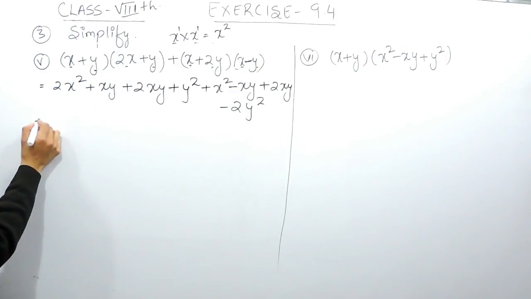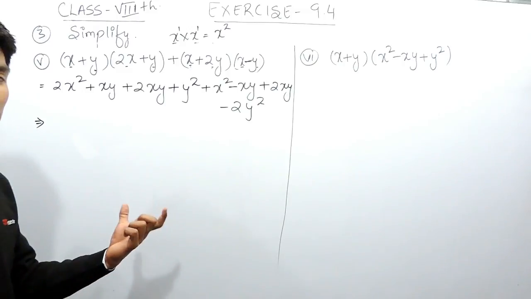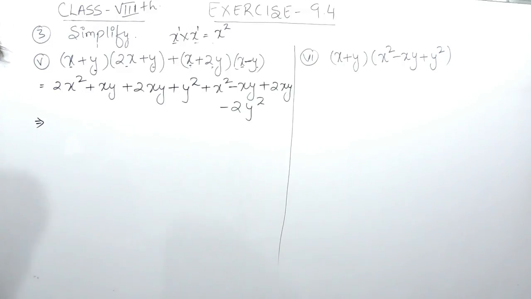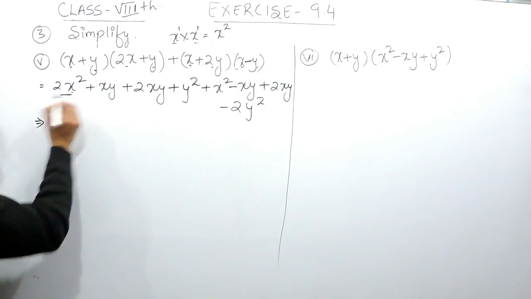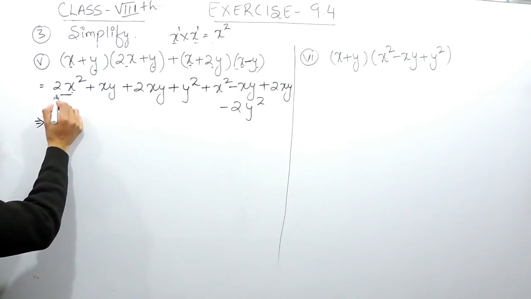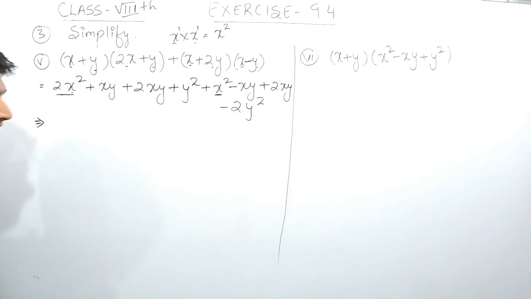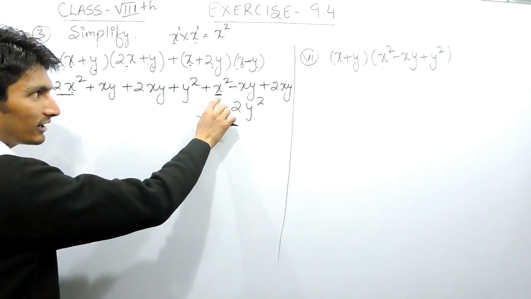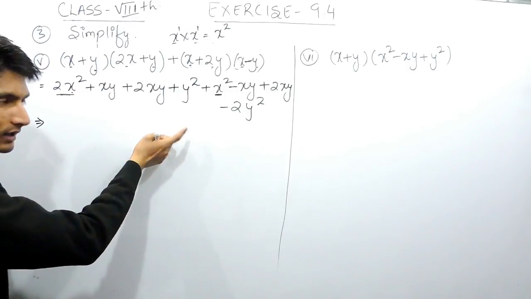Now you have to solve this expression, and we know that in algebra only like terms can be combined. And what are like terms? Like terms are those terms where the variable part is the same. If I consider this as the first term, the variable here is x square. The like term for this is the other x square, because the variable part is the same.